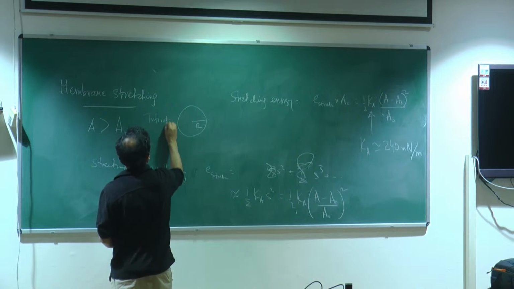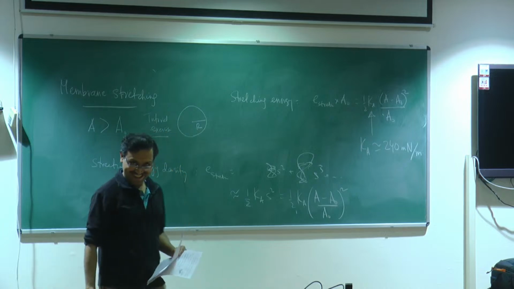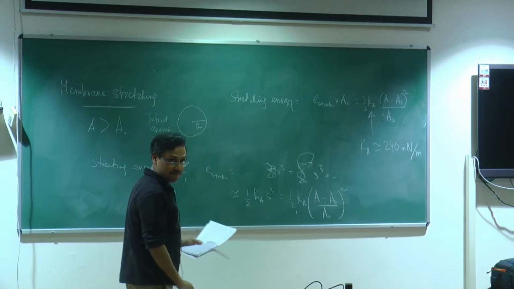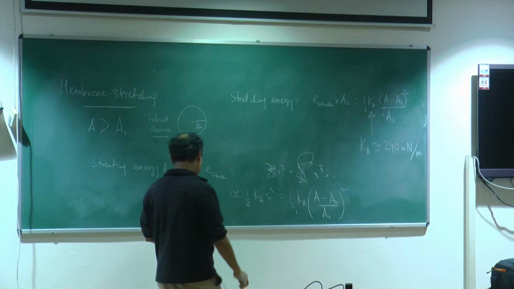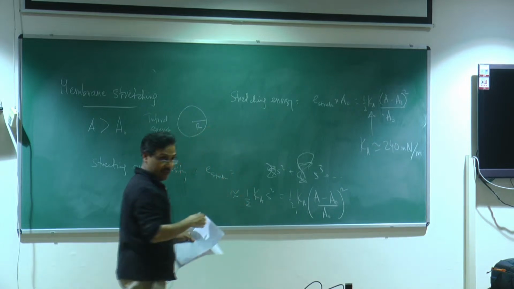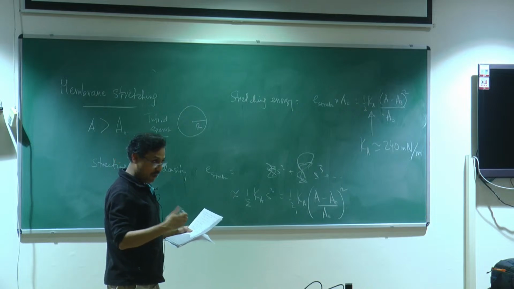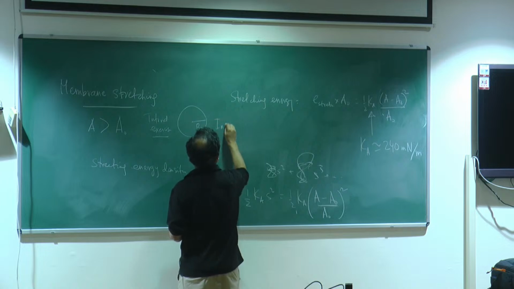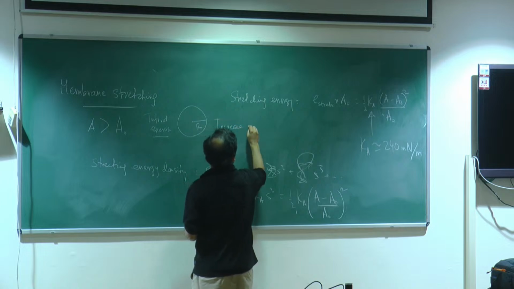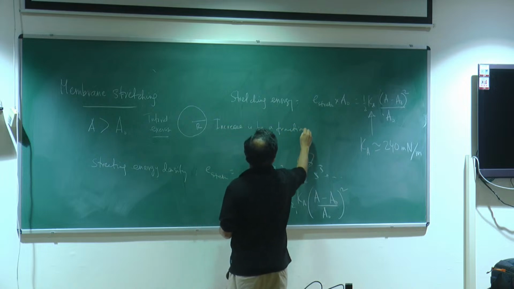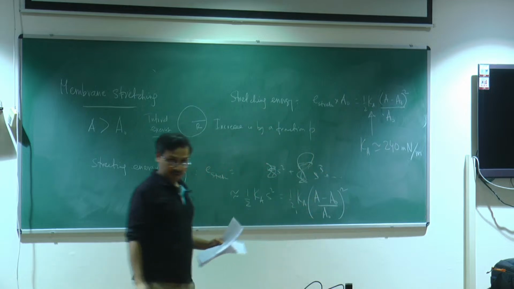I'll not be there, but I will ask whether you have done it or not. So the tutorial exercise is the following: I have a vesicle of radius r, a sphere, and I want to increase this by a fraction p.